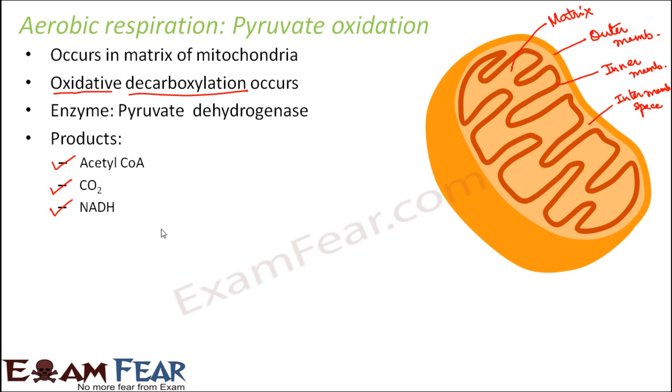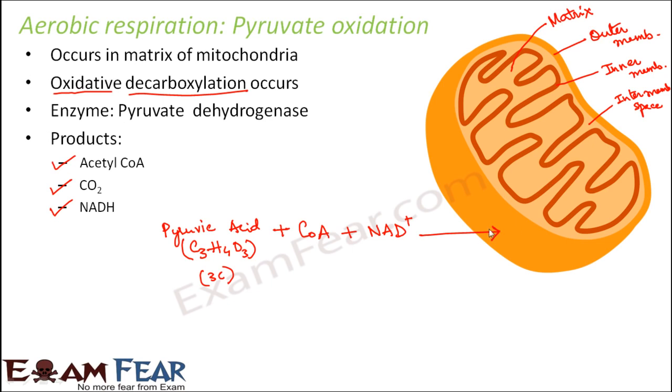Now let us see exactly what happens. This is pyruvic acid. Pyruvic acid is a 3-carbon compound, C3H4O3. Now this pyruvic acid is acted upon by many enzymes, not only pyruvate dehydrogenase, it is also acted upon by coenzyme A and NAD+, which acts as the oxidizing agent.